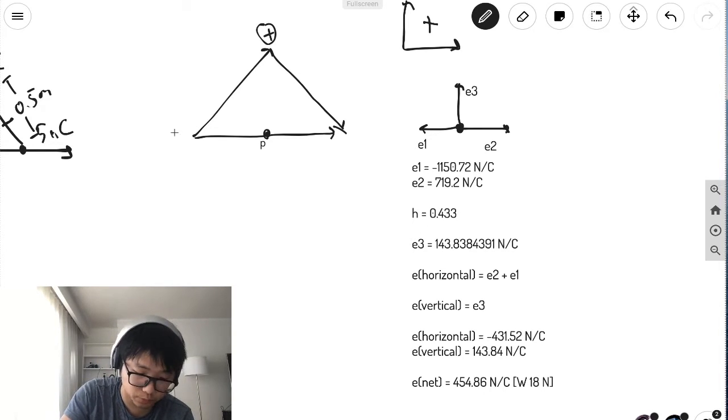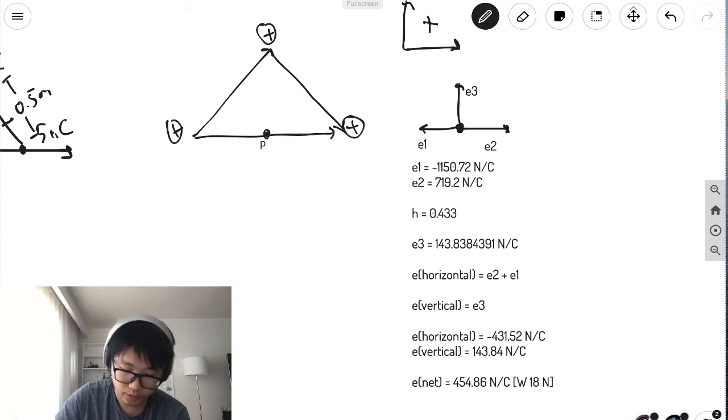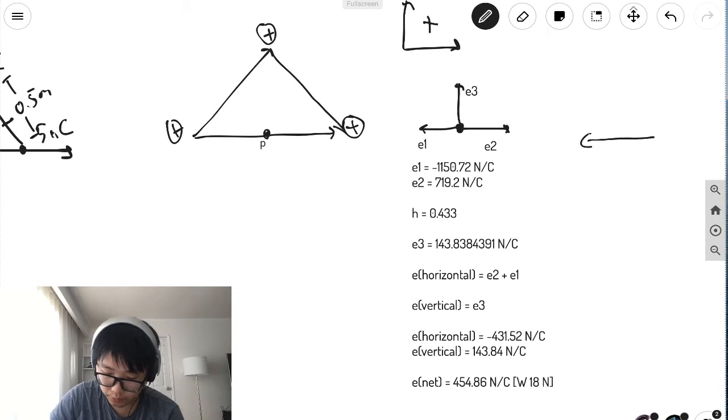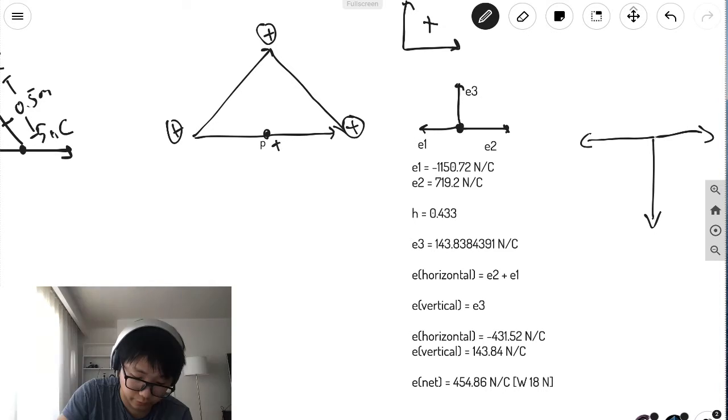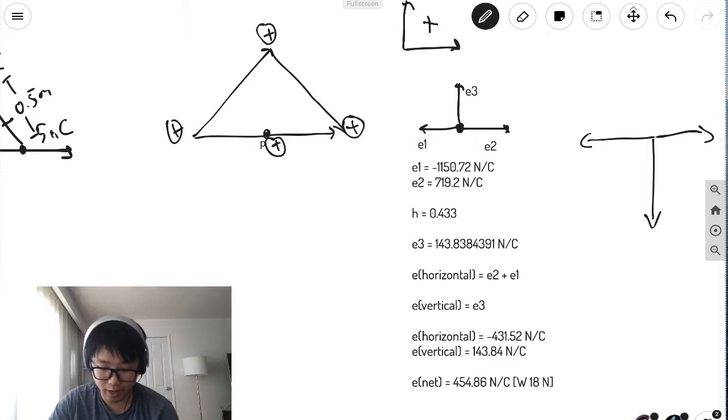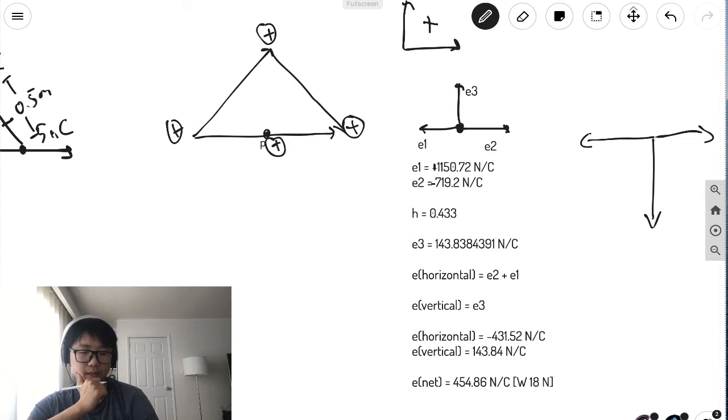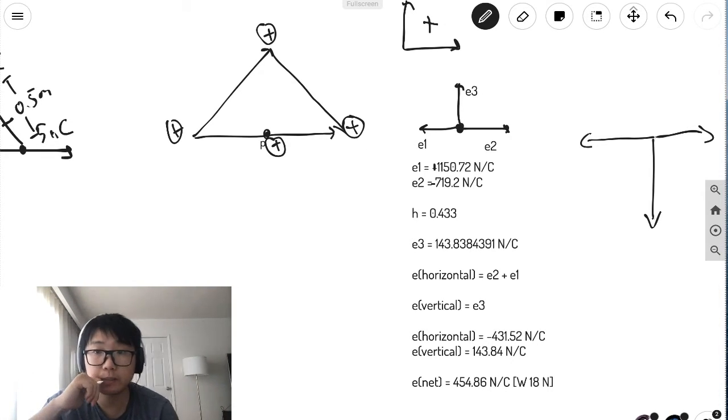If you have positive charge, positive charge, positive charge, this would push it this way. So you probably got the left and right mixed up, and the up and down mixed up, because a positive charge at P would actually get pushed down. But magnitude-wise it should be the same. So let's see what else might be wrong.